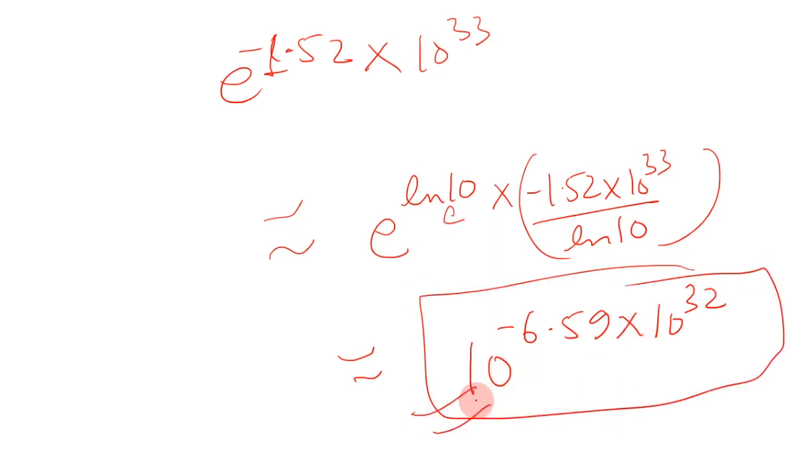Because it's minus, it's actually 10 to the power minus 6.59 into 10 to the power 32. It's such a small quantity, so you can see that for macroscopic particles, the tunneling probability is so low. That's why you cannot move through walls, but microscopic particles can move through barriers.